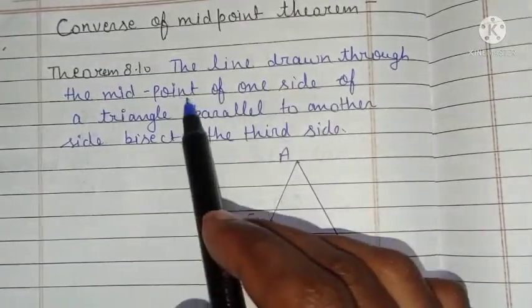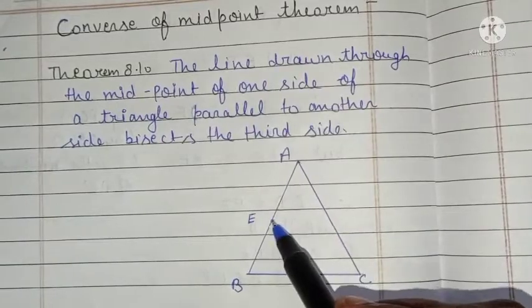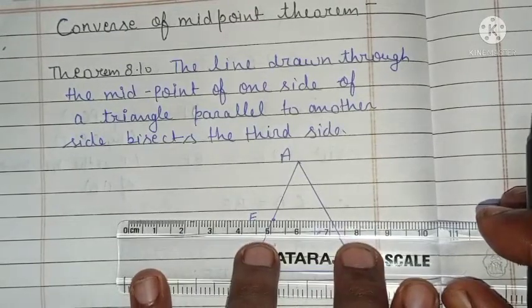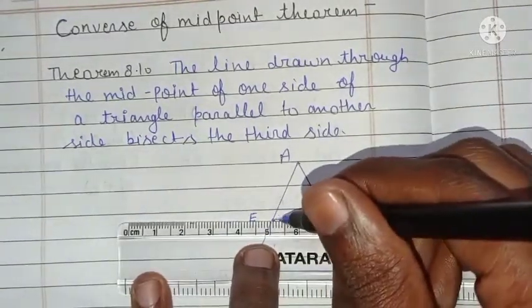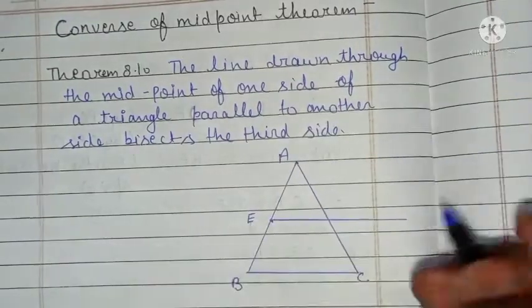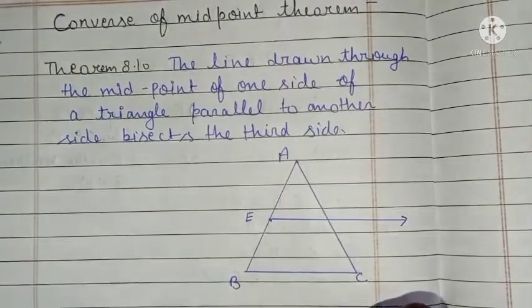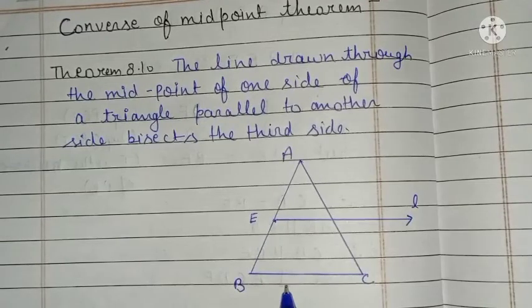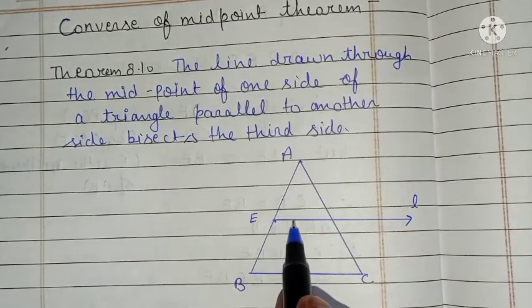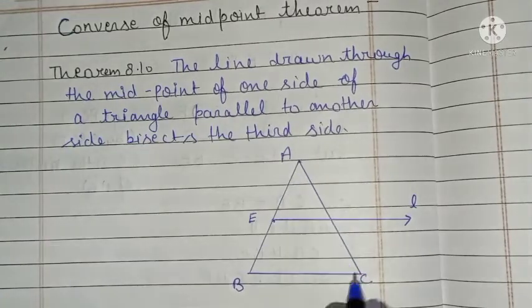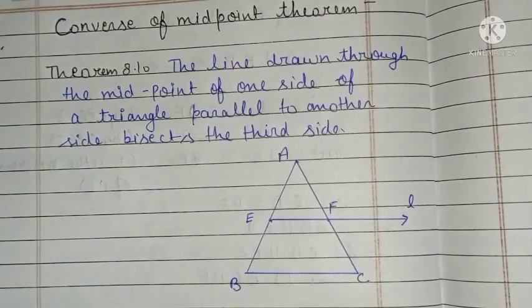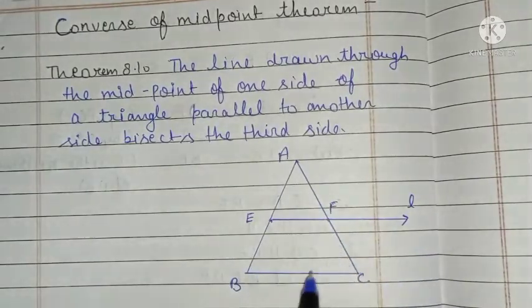A line is drawn through the midpoint of one side of a triangle, parallel to another side. So this line L is parallel to the third side, and then it bisects AC at F. We have to prove that AF equals CF, or F is the midpoint of AC.